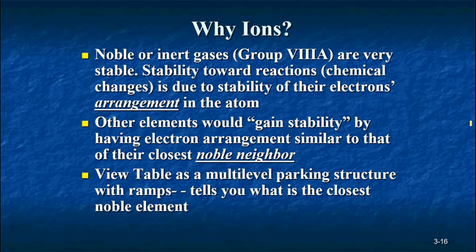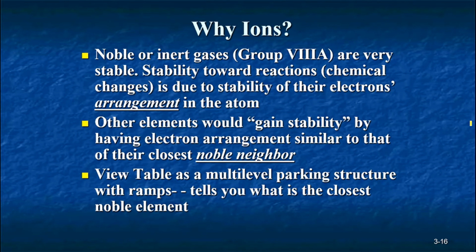Now the question you would ask is, why would these elements form ions in the first place? Well, remember that we said that in nature, one of the big measures that we check is stability. And for some reason, the noble or inert gases, those that belong to group 8, are very stable.